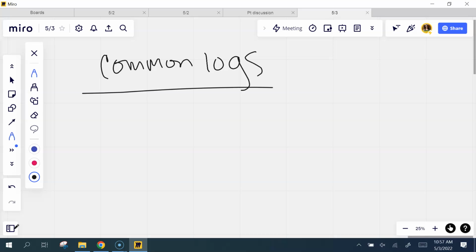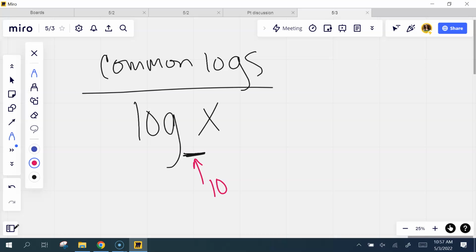Like if it's a square root, there's an imaginary what root? 2 written outside, right? Well, for common logs, if you have a log of whatever, let's just say x, and there's nothing written here, that's an implied 10. Okay, so a log base 10 is our common log.